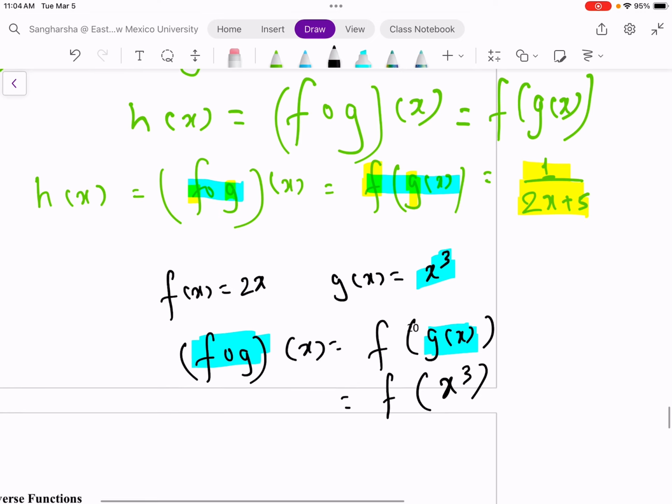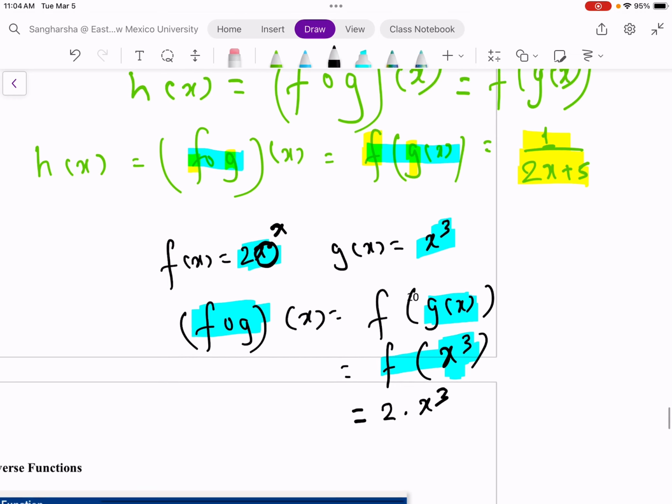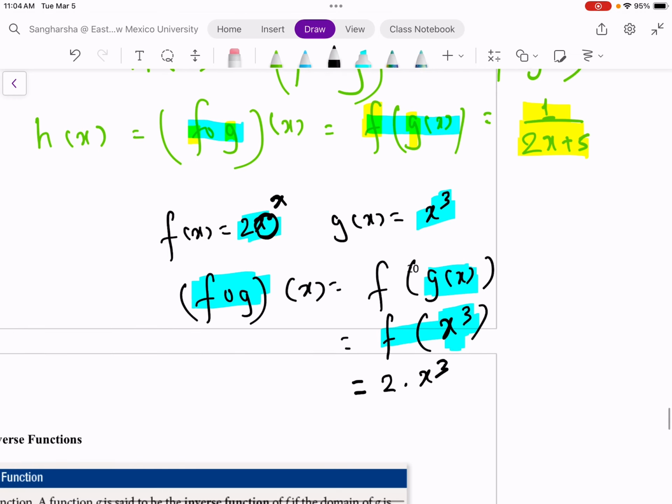Then in order to find f of x cube, what do we do? We substitute x cube for every x in our f function. So this gives us 2, and for x we substitute x cube, so we have 2x cube. Okay, so this is how we find the composite.